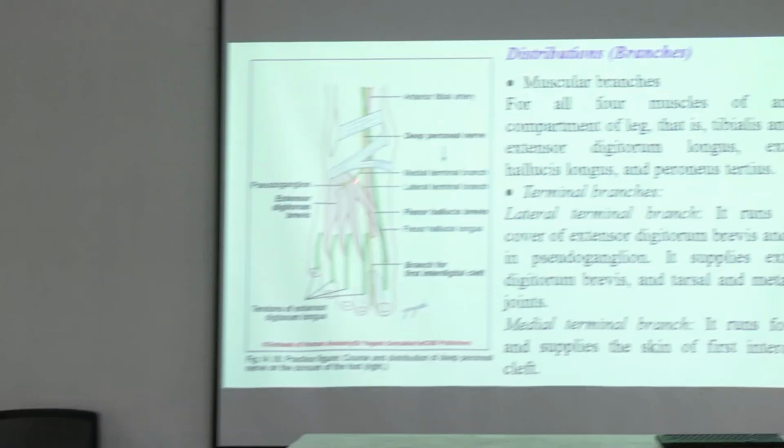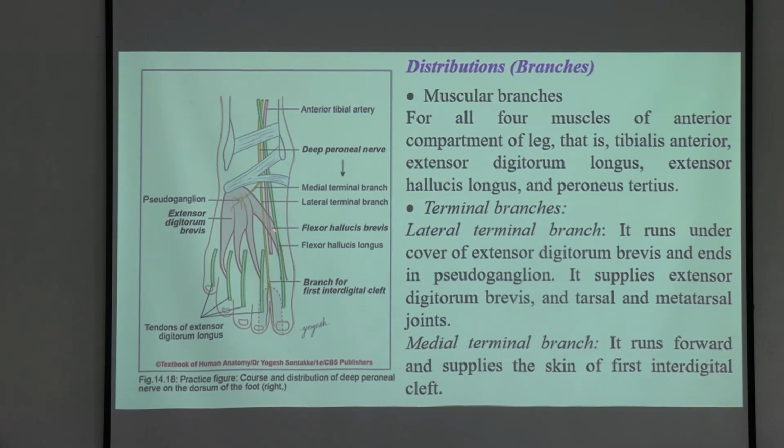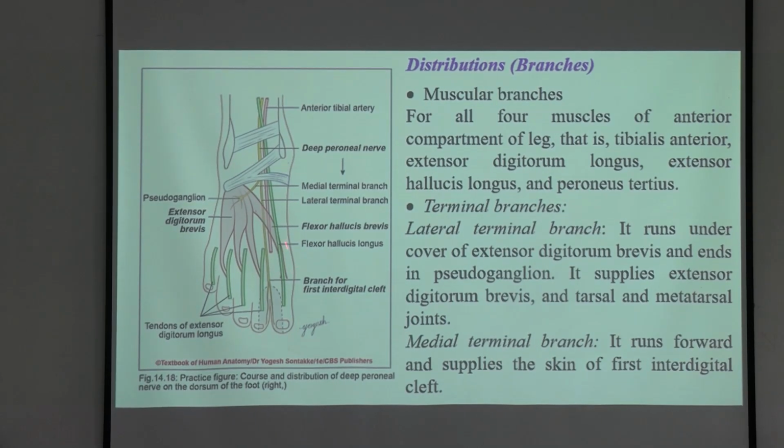and the first tendon is going to the great toe, and the second, third and fourth, they are connected with the long tendons, that means the tendons of extensor digitorum longus on its lateral side.